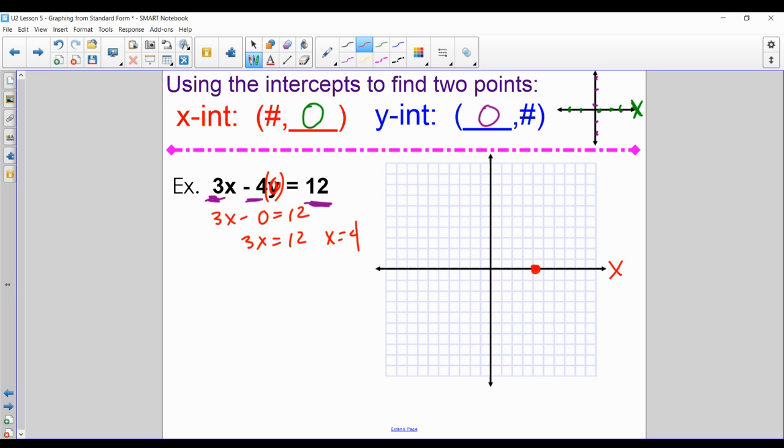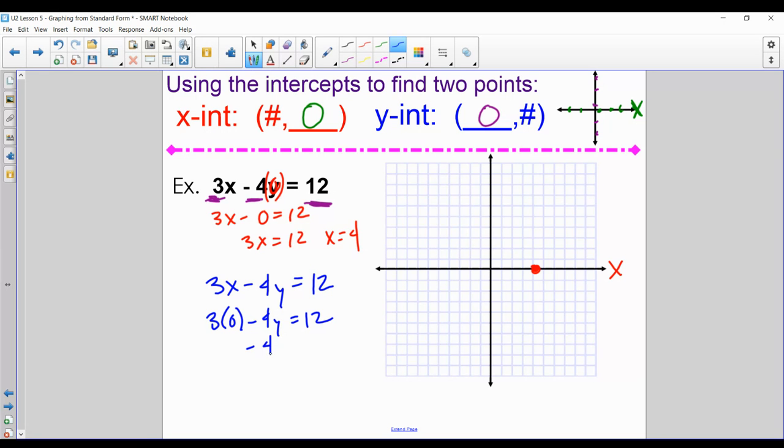Okay, then I would start again from this 3x minus 4y equals 12. Well, if I'm on the y-axis, looking for the y-intercept, I'm going to put in a 0 for x. That means I have 3 times 0 minus 4y equals 12.